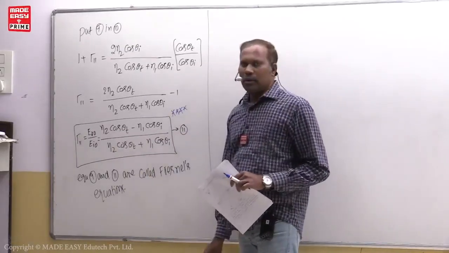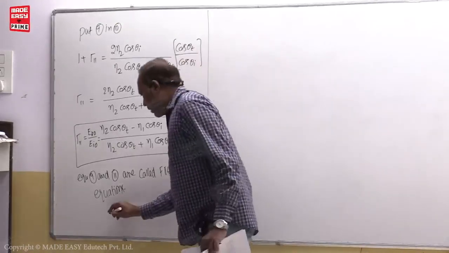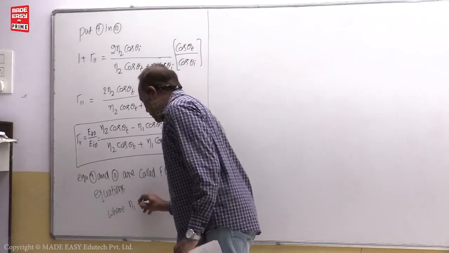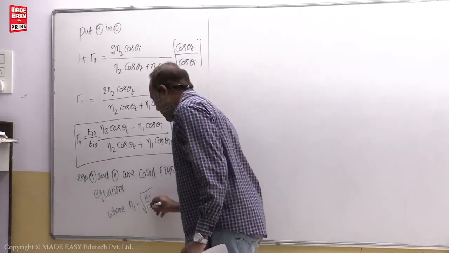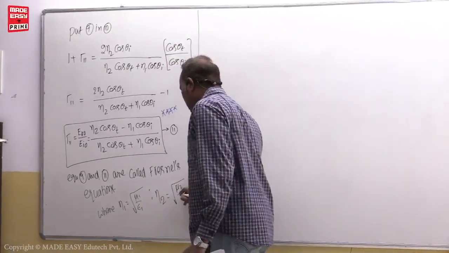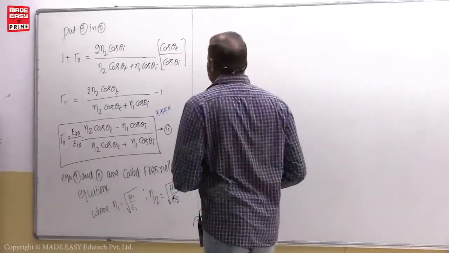Eta 2 is equal to root mu 2 by epsilon 2. We are talking of lossless mediums. If you want, you can write here where eta 1 is equal to root mu 1 by epsilon 1 and eta 2 is equal to root mu 2 by epsilon 2.